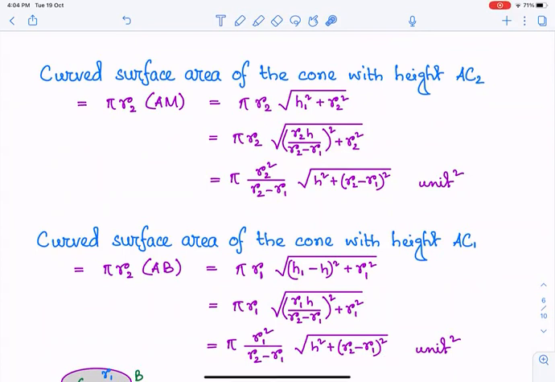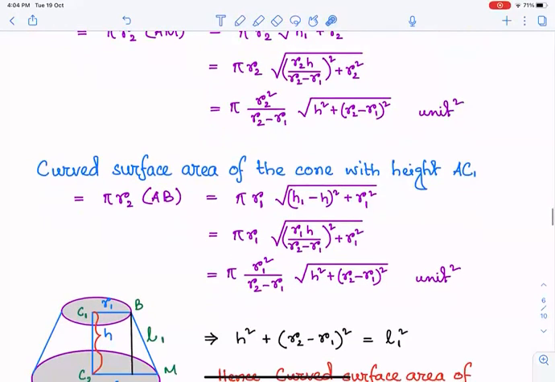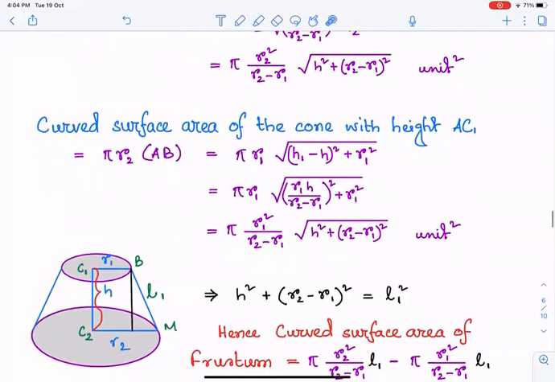Now from the greater curved surface area, if I subtract the smaller curved surface area, then we will get the curved surface area of the frustum. From the first term, we are also getting that h square plus r2 minus r1 whole square.